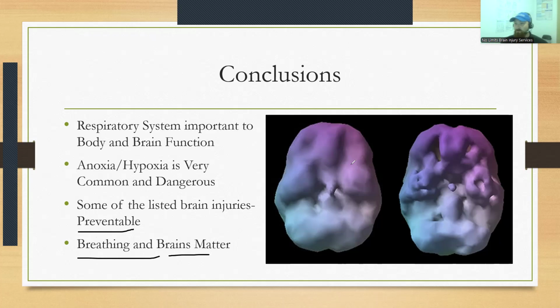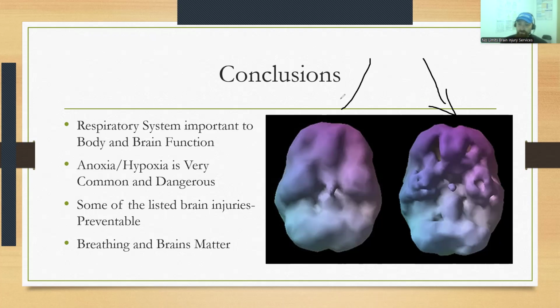And you're probably wondering, what is this image I'm seeing on the right side of the screen? Well, I'm going to leave you with the resources, but let's think about this image real quick. This is a SPECT scan. This is a brain that has an obvious injury, and on the left side is a nice happy brain. On the right side, we have an unhappy brain that was a victim of hypoxia.